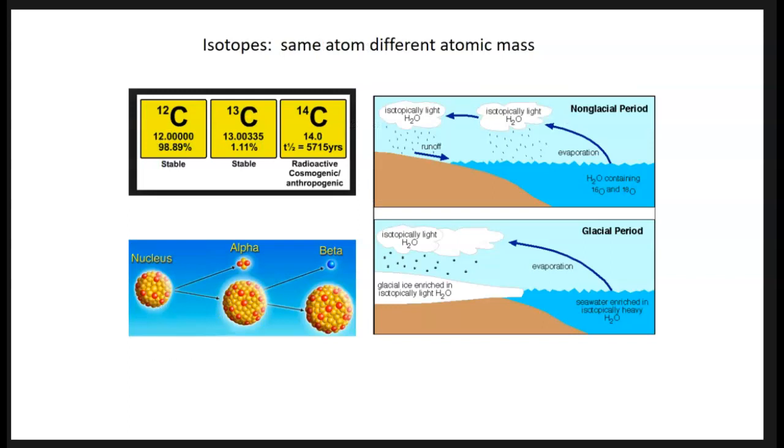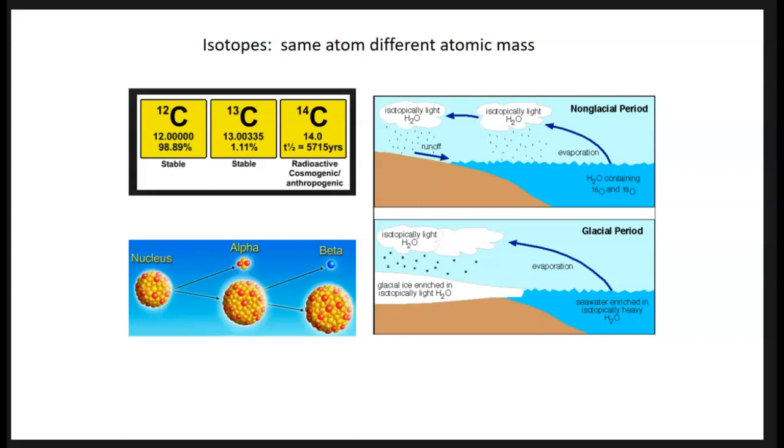One important concept with atoms is that the fundamental chemical properties of an atom are generally determined by the number of protons that make up the nucleus. So that gives an atom its atomic number. However, the same atomic number element can have different numbers of neutrons in the atom's nucleus.